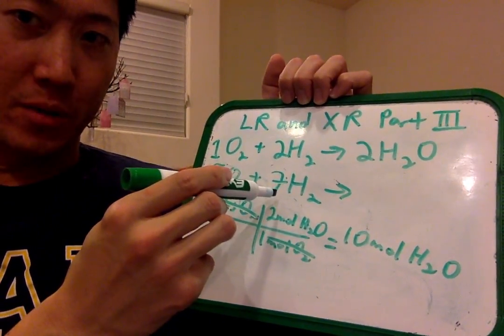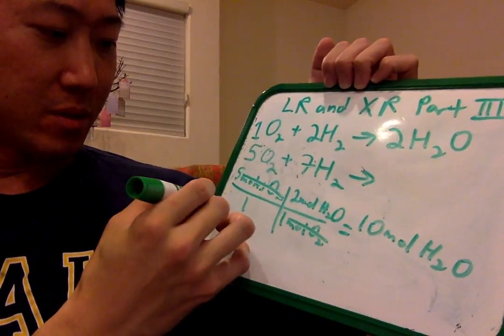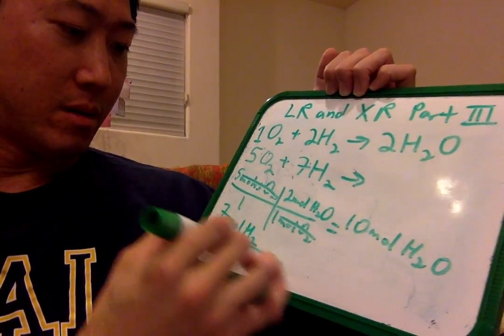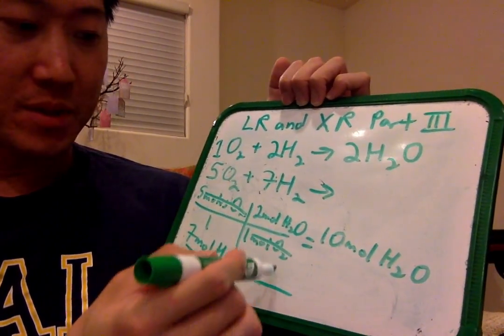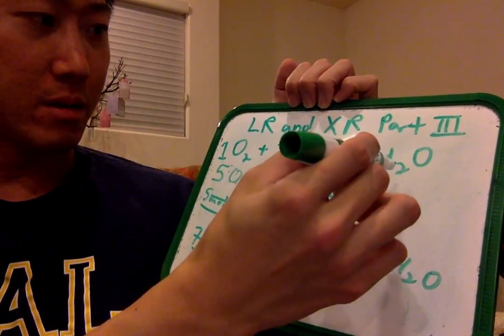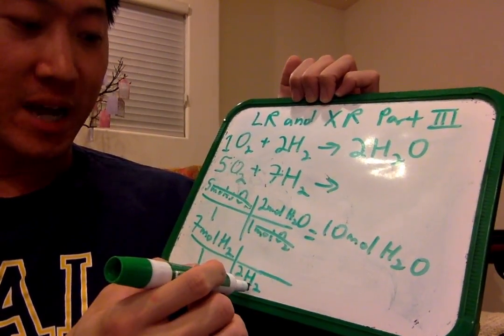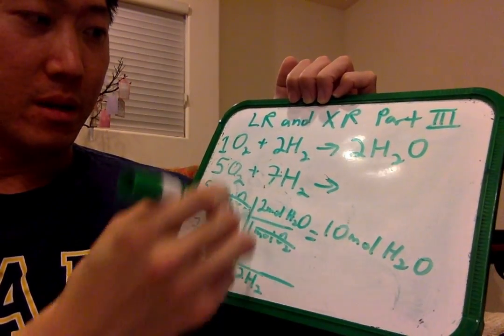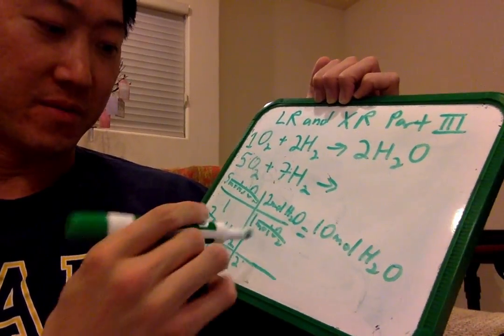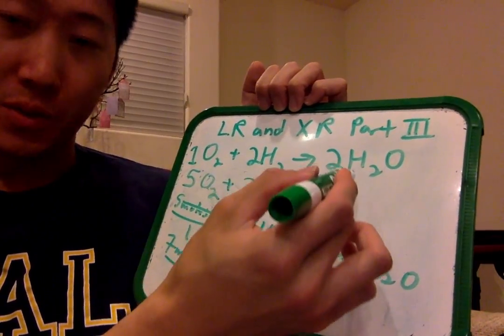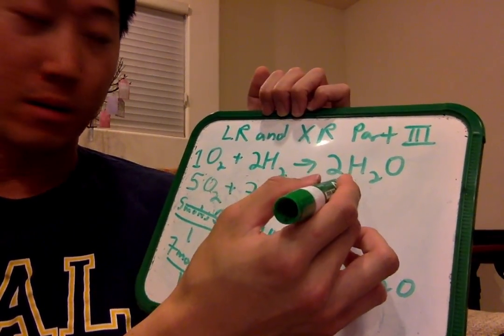But we can't ignore this ingredient. We've got to do the same thing. So we do 7 moles of hydrogen over 1. And now this is the recipe step. We're going to use our recipe here. So we put 2 moles of H2 down here because we want these hydrogens to cancel out with these hydrogens. That's moles, sorry. This should be moles of H2. And we want to get 2 moles of product, or water.